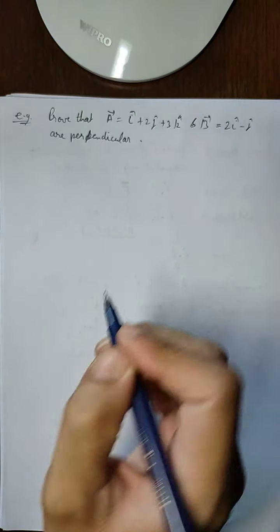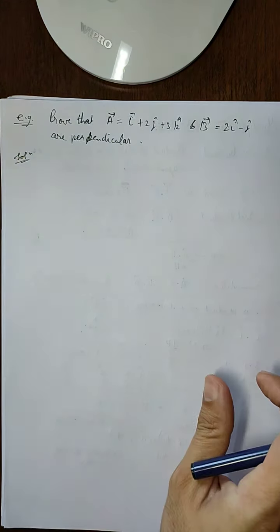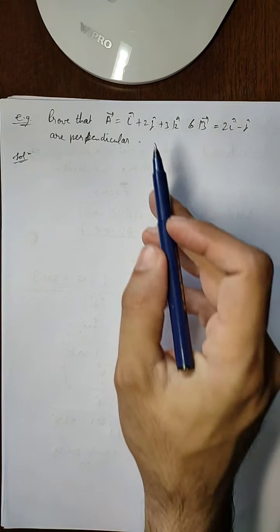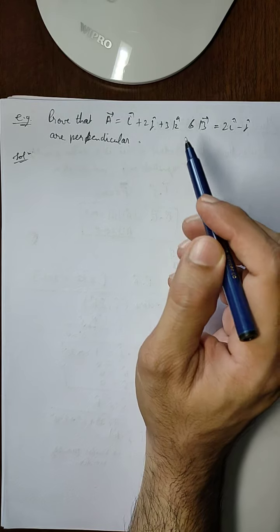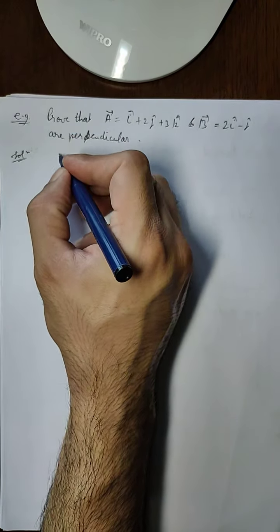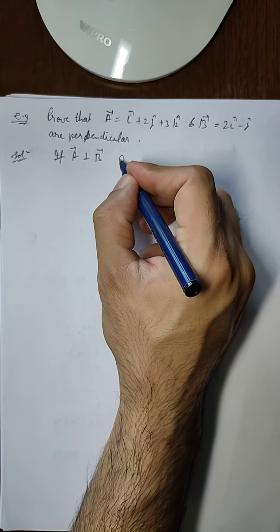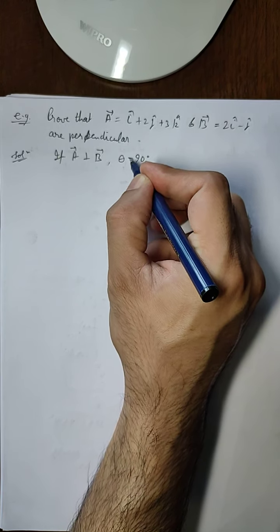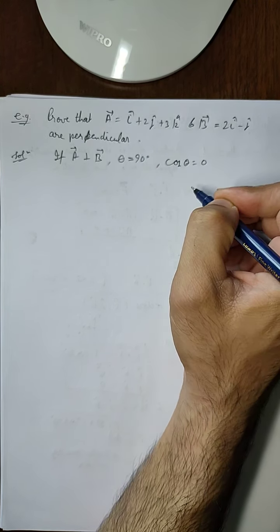perpendicular to each other. Okay, so how do we know if two vectors are perpendicular? Let us assume that if a and b are perpendicular, that means the theta between them will be equal to 90 degrees. That means cos theta should be equal to 0.